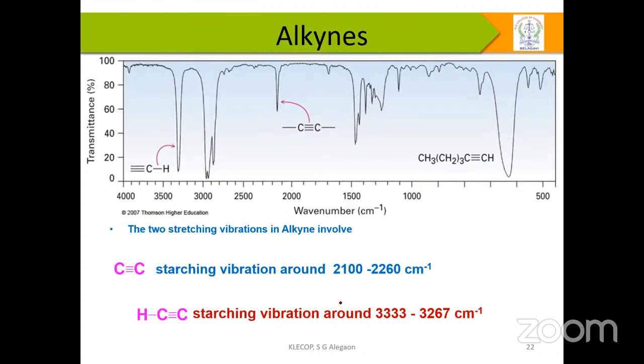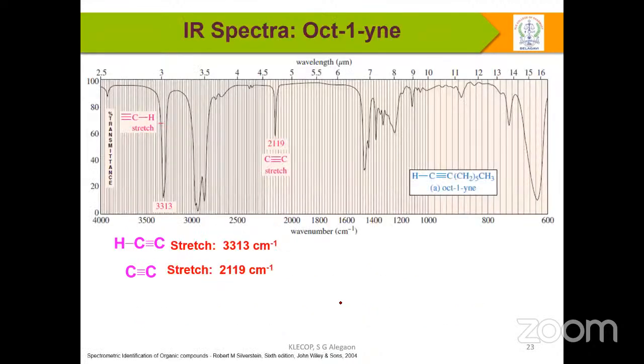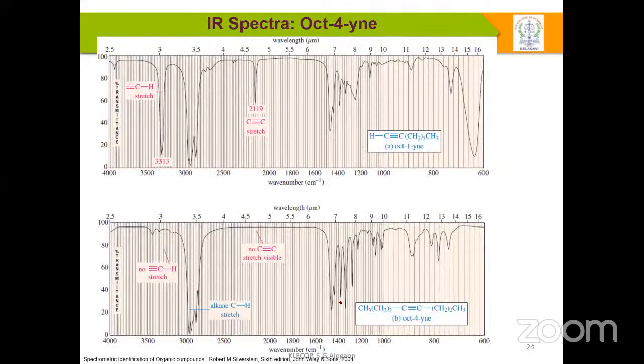Look at this. What peak am I not going to observe here? If you see this structure, we get the carbon-carbon triple bond and we observe the triple bond CH stretch. But if I take a substituted, or long chain, alkyne, I am not going to observe the carbon-carbon triple bond character, or it is very weak. Whereas if I have a terminal alkyne, I am going to observe the important C triple bond character.